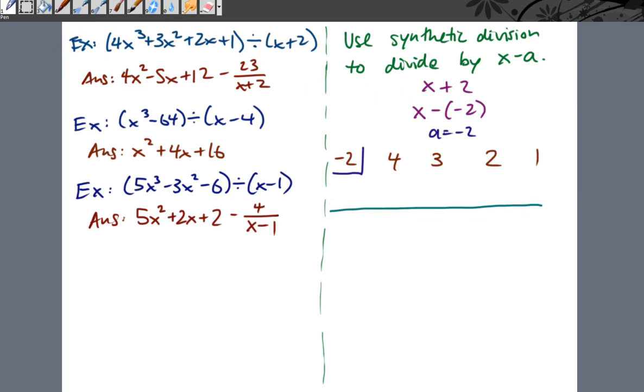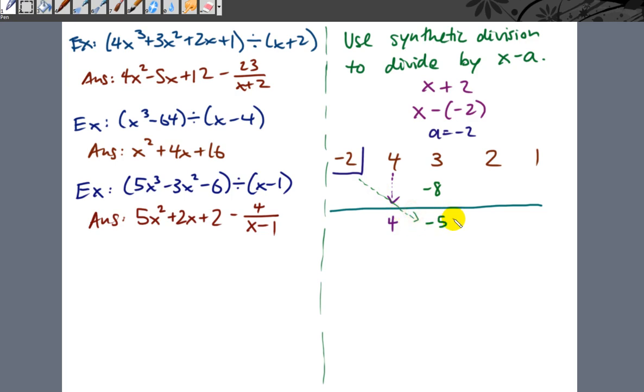Now let's apply the synthetic division on this. Pay very close attention to the arrows. The first step in synthetic division is you drop this 4 down. Next, you multiply this negative 2 by this 4. So negative 2 times 4 is negative 8. Now we add. So 3 minus 8 gets you negative 5.